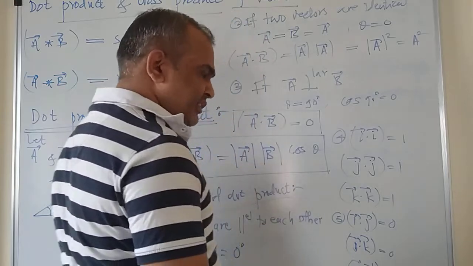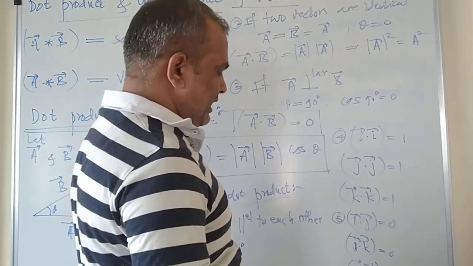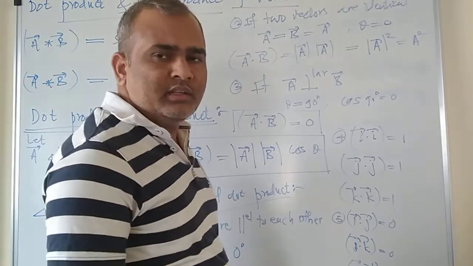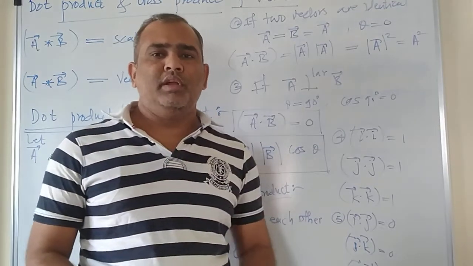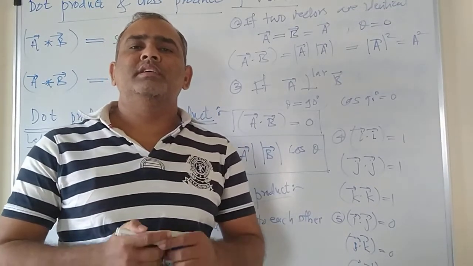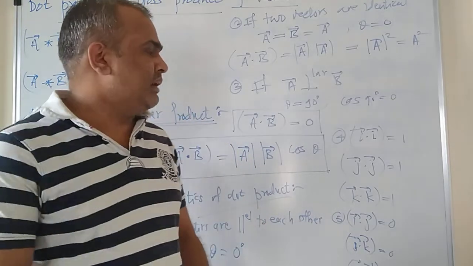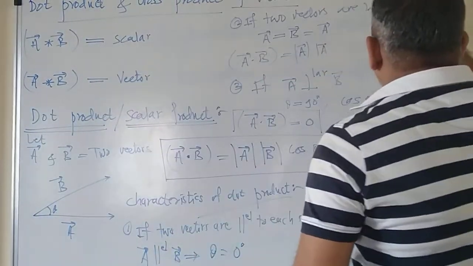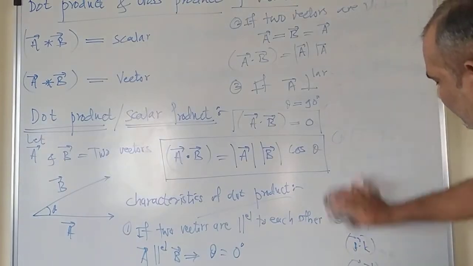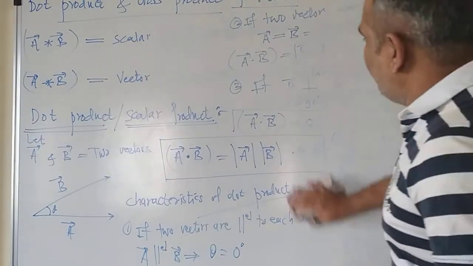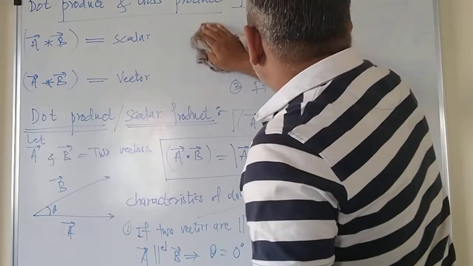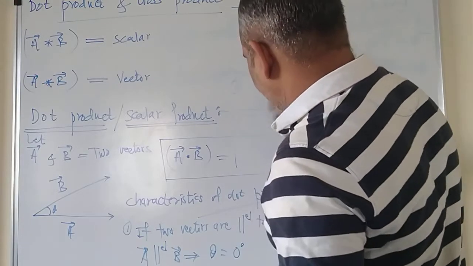Got it? Or J dot I, K dot J, I dot K will give you a 0 value, because both vectors are mutually perpendicular to each other. So these properties you have already learned in the 11th standard, and so this is simple for you to understand.